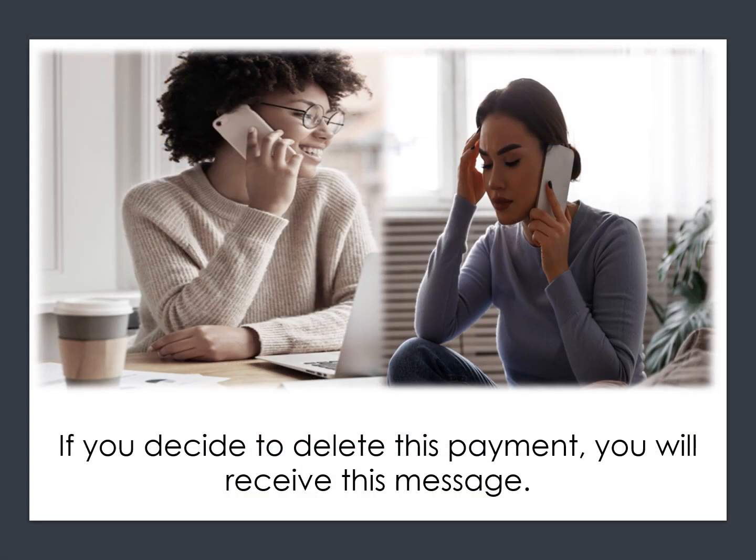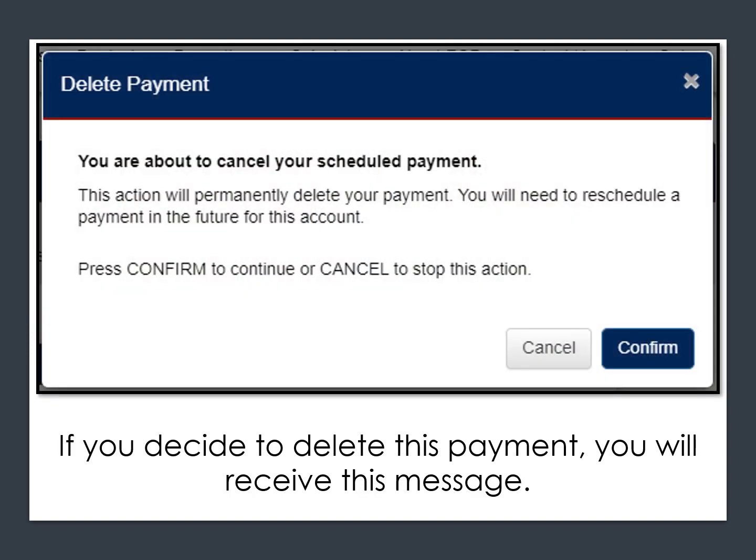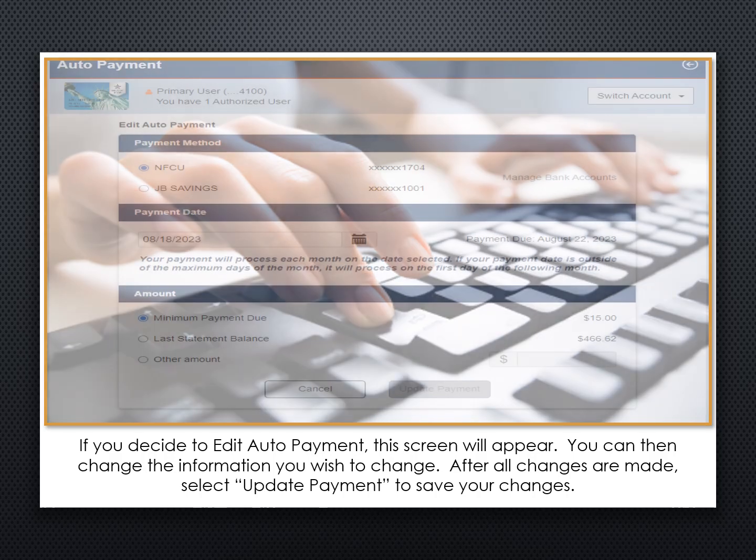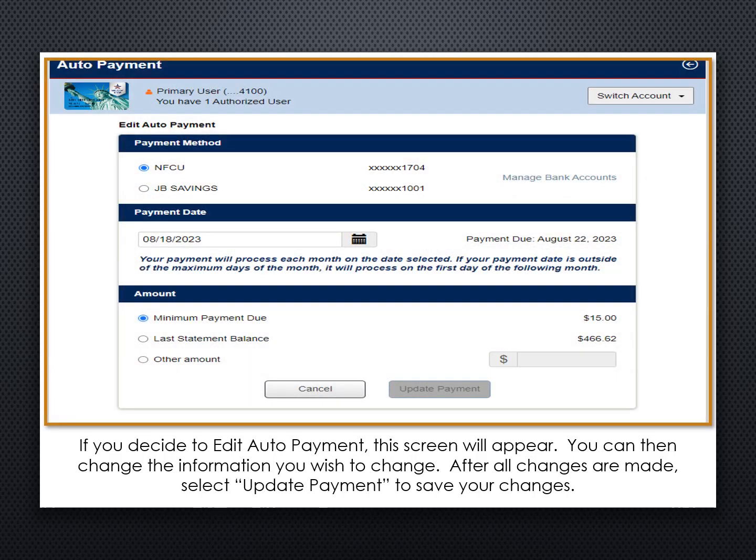If you decide to delete this payment, you will receive this message. If you decide to edit auto payment, this screen will appear. You can then change the information you wish to change. After all changes are made, select Update Payment to save your changes.